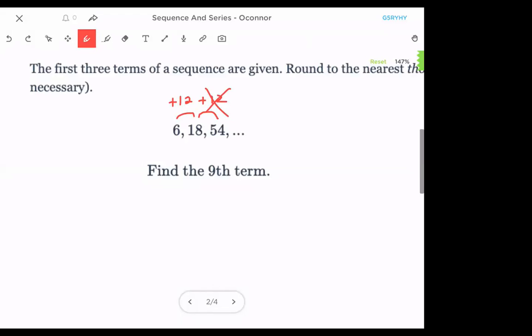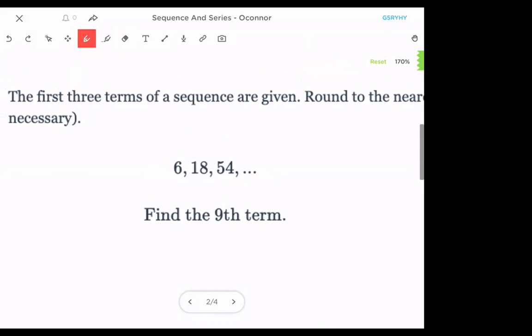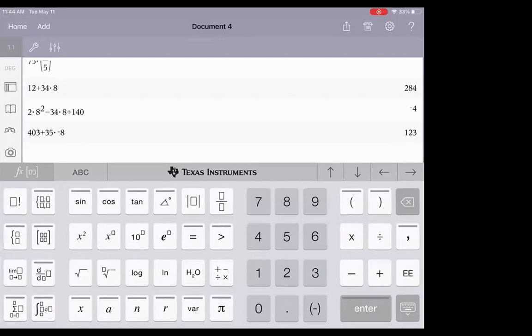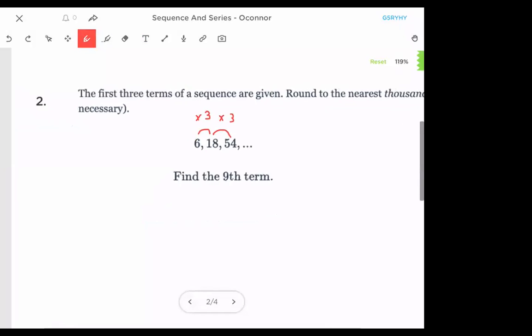So that means it's not arithmetic. So now let's see if it is geometric. Well, I know that 6 times 3 is 18. And is 18 times 3 54? It is. And of course, I could always check that using my calculator. Because we're multiplying, that tells me it is geometric.